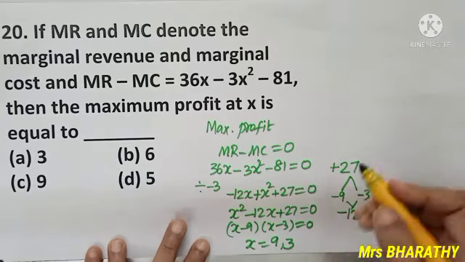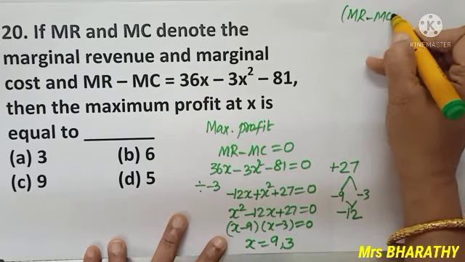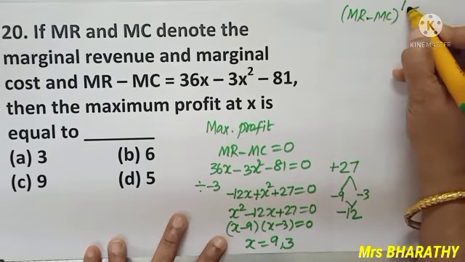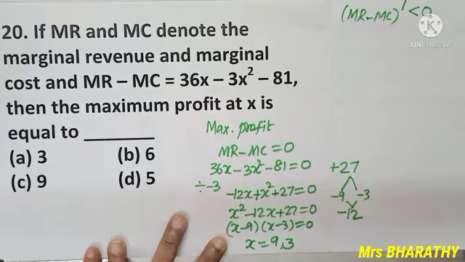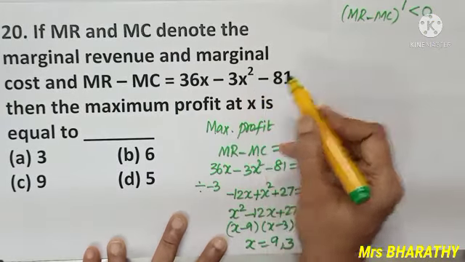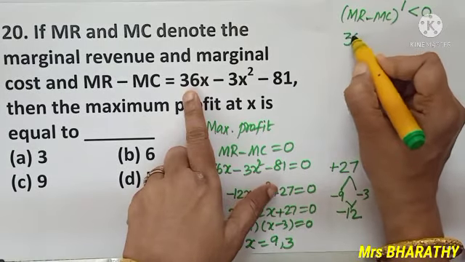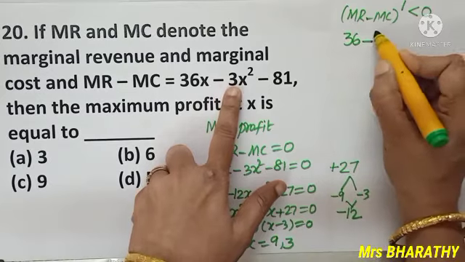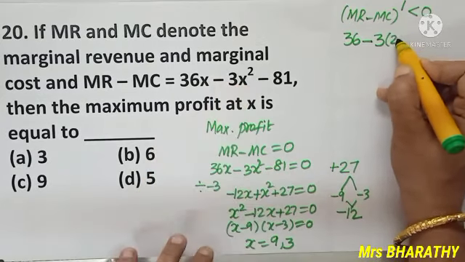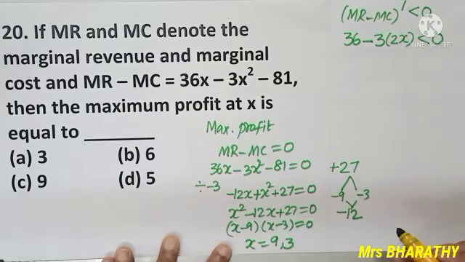For maximum profit, (MR minus MC) the whole dash must be negative. As I know what is MR minus MC, let me differentiate. 36x will become 36, minus 3 into x square becomes 2x, and it should become less than 0.